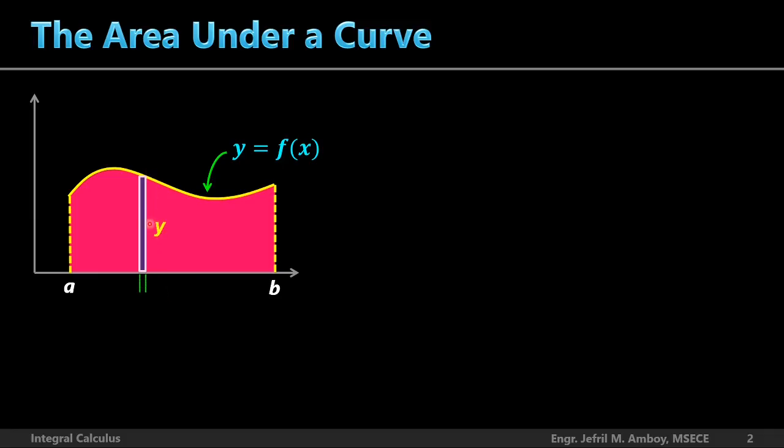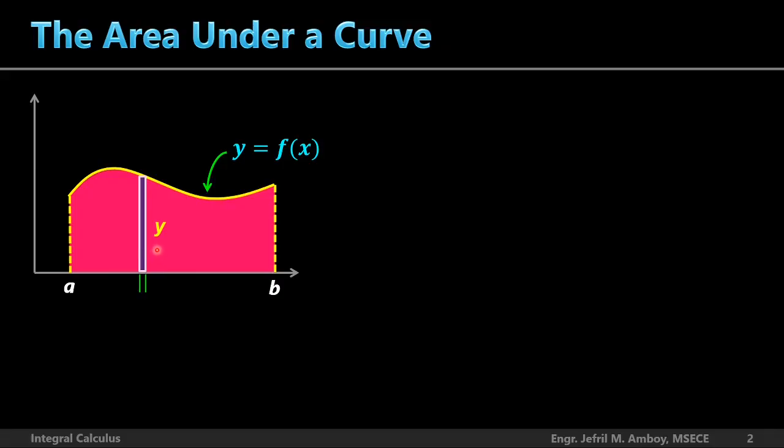Okay, so we let the length of the rectangle be equal to the value of the function at any point on this graph, and that is y. From here on, we will refer to a representative rectangle like this as a differential area, or simply a strip.